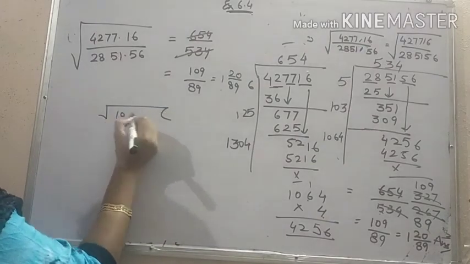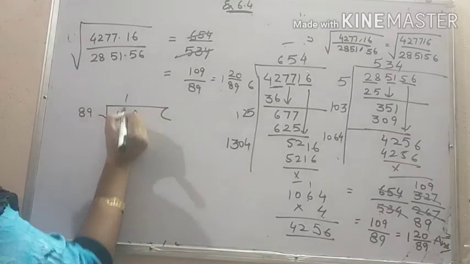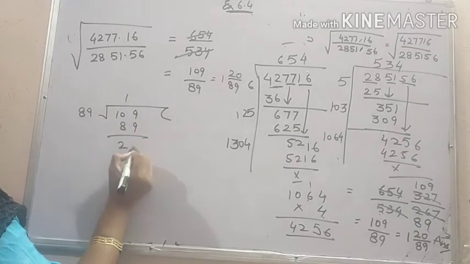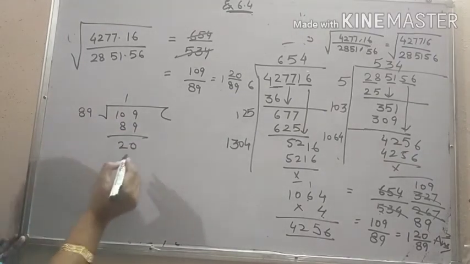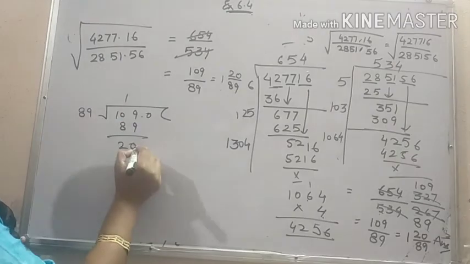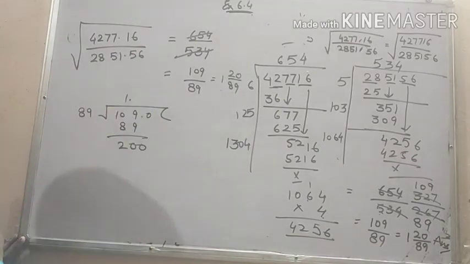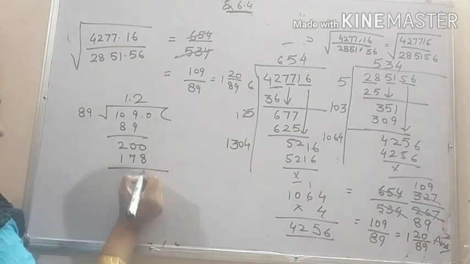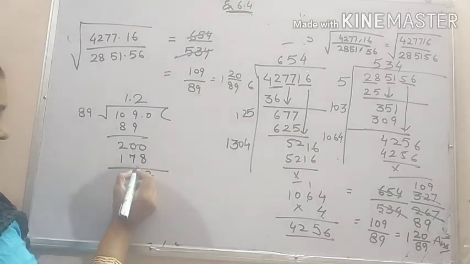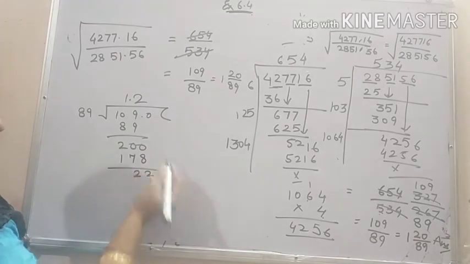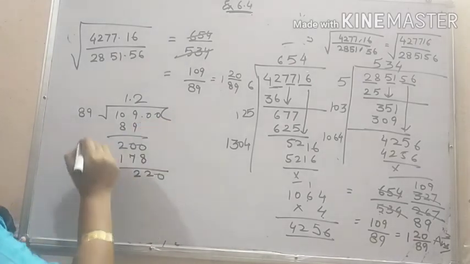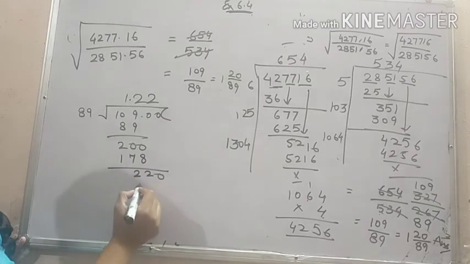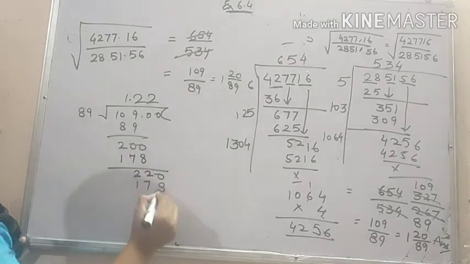Now convert it into decimal. 1 89s are 89, 20 will be left. Now 20 can't go, so you will put 0 and a decimal over here. 2 89s, it will go, it will be 178. 2, 22, again 0, again it will go on to 178.